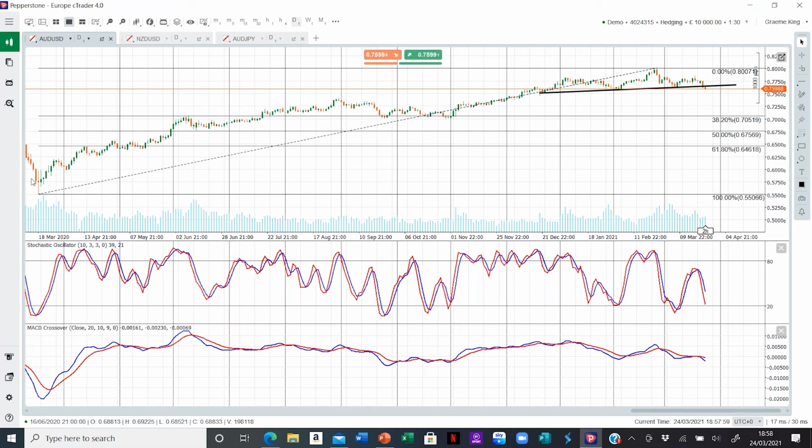Just a normal 38% retracement can see us back towards 70.50. With the height of the pattern projected downwards, together with this support level and these previous lows, it's not inconceivable to look for further US dollar strength to see Aussie US back towards the 70.50 region.